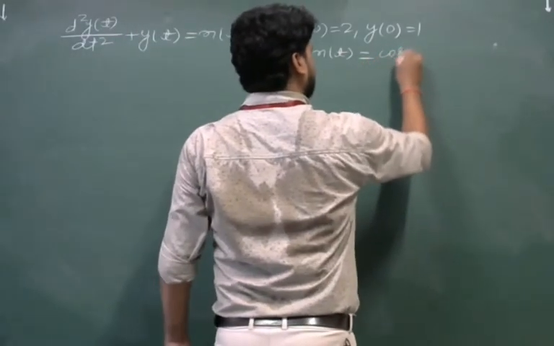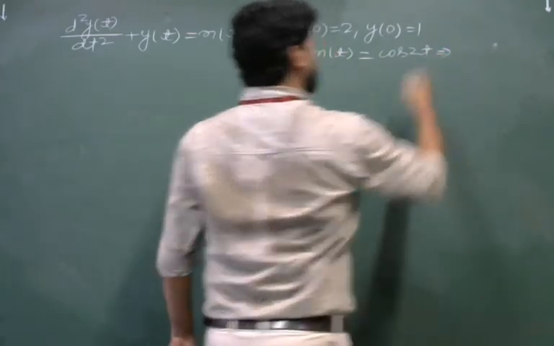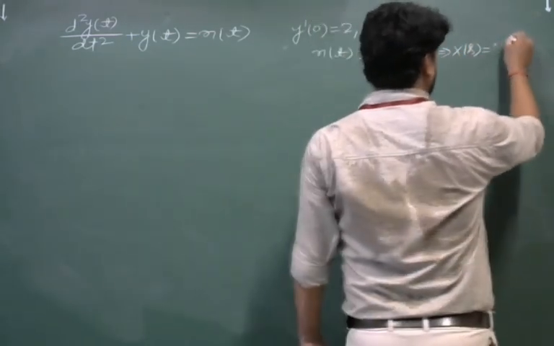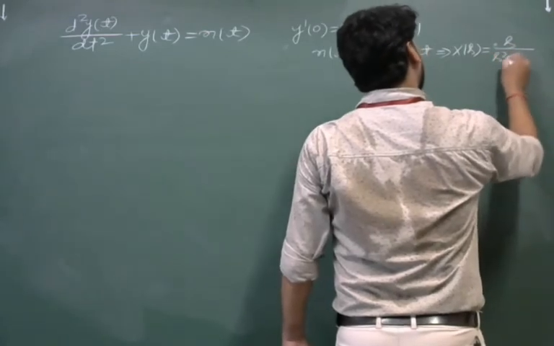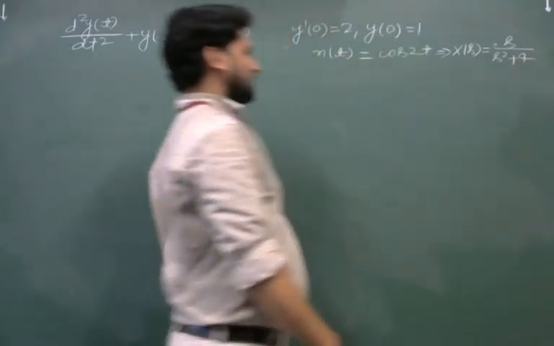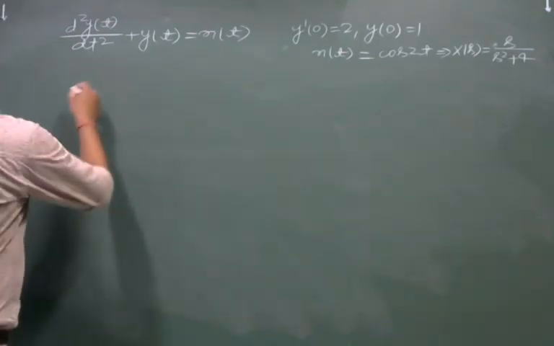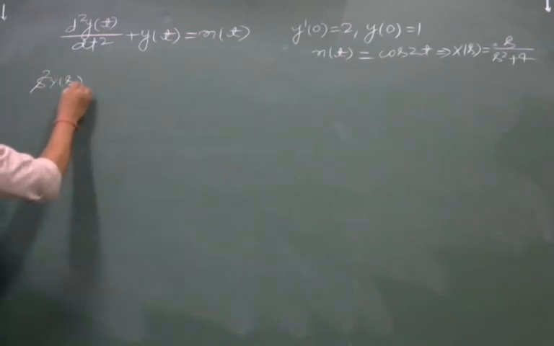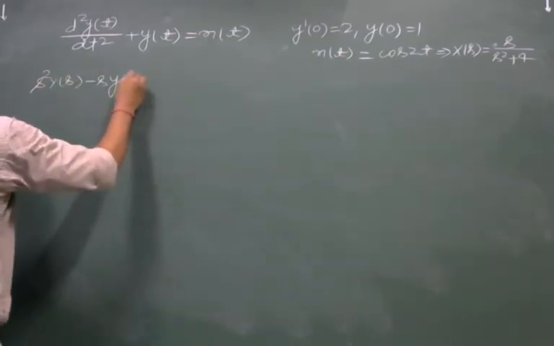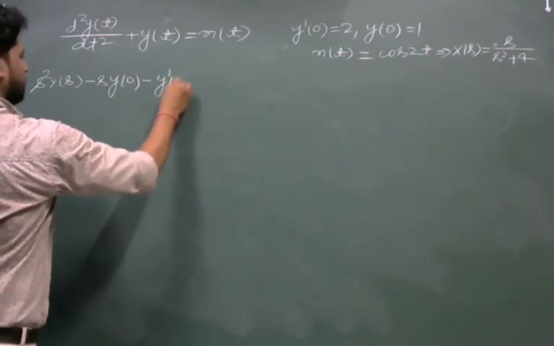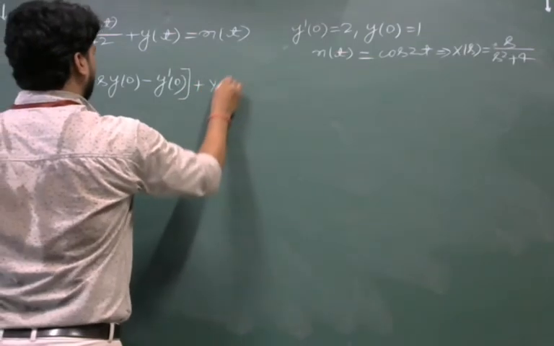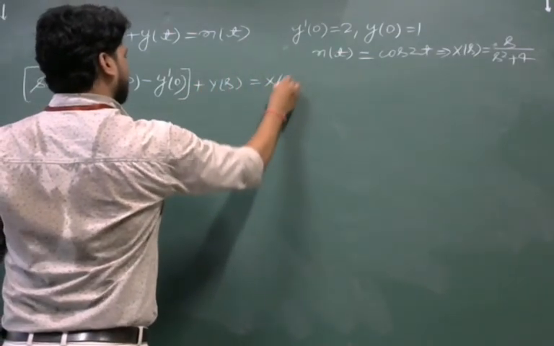So if x of t is given as cos of 2t, then x of s will be equal to, we know that the Laplace transform of cos is s upon s square plus omega square, so s upon s square plus 4. Taking the Laplace transform of both sides, this will become s square y of s minus s into y of 0 minus y dash of 0 plus y of s is equal to x of s.